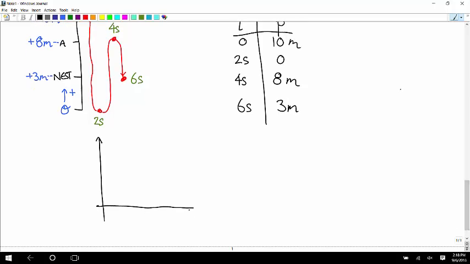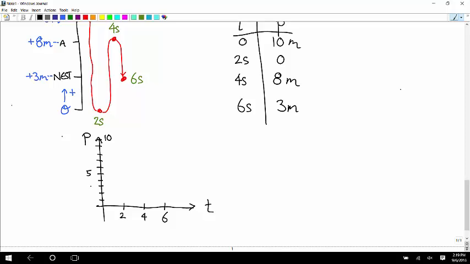So we always have time here and position here. The times that matter are 0, 2, 4, 6. And the positions that matter are 1, 2, 3, 4, 5, 6, 7, 8, 9, 10. So this is 10.